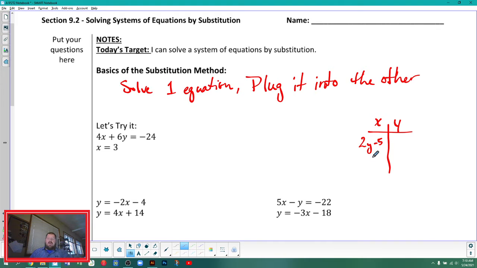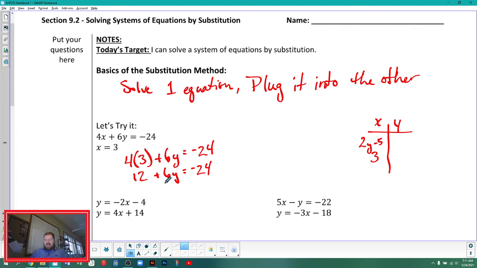And so on this one, we have x equals 3. So let's find out what y is when x is equal to 3. And that's also going to give us what the other value is, because this one is solved so drastically, it equals 3. So let's go ahead and see. 4 times 3 plus 6y is equal to negative 24. 4 times 3 is 12.